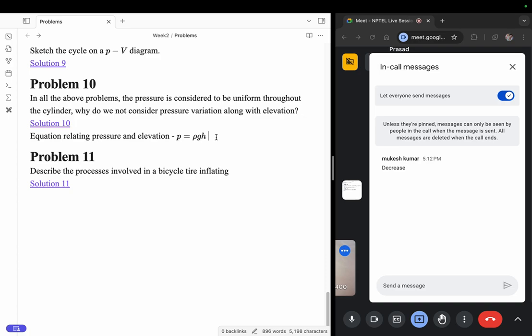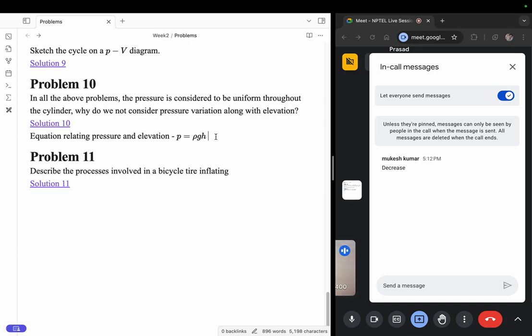If you consider mercury, that is around 13.59 gram per cc, so basically 13.59 times 1000 kg per meter cube. Even water is about 1000 times heavier than air. So in water, mercury, basically in all liquids which have higher densities, this becomes important.